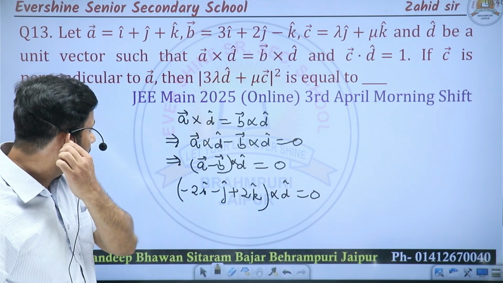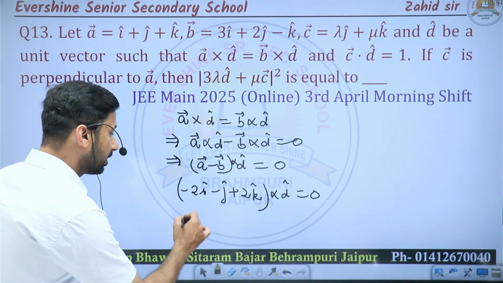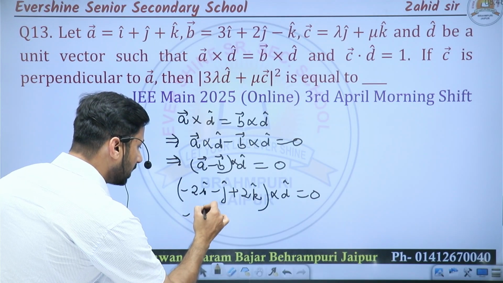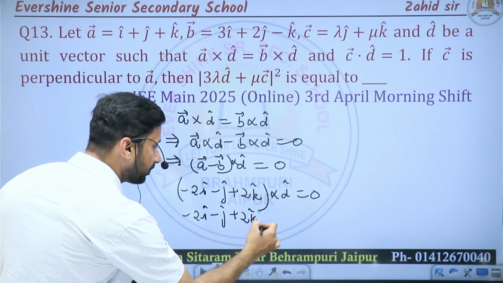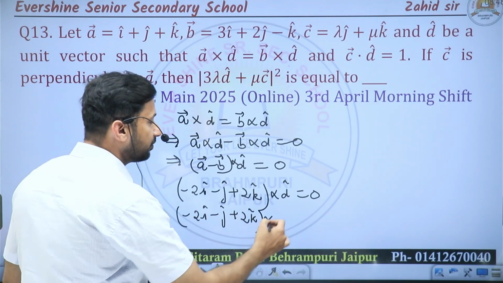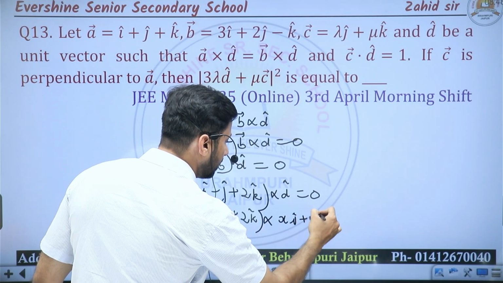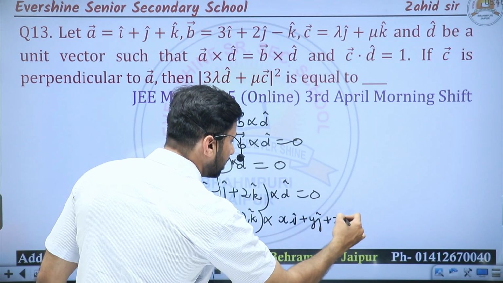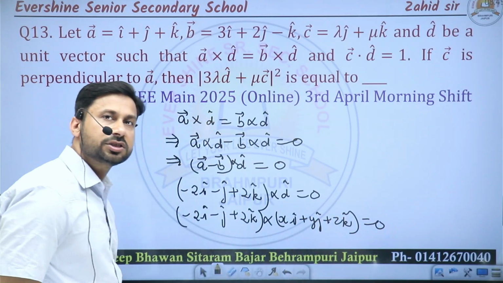Now I can consider this one is x i cap, y j cap and z k cap. So minus 2 I cap minus j cap plus 2 k cap cross with x I cap plus y j cap plus z k cap, which is equal to 0.